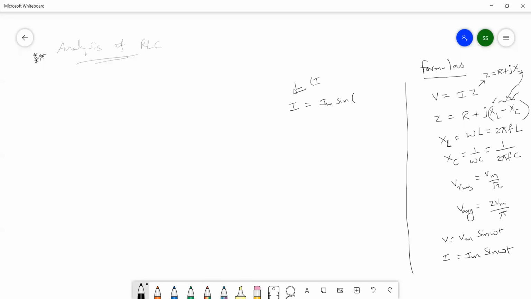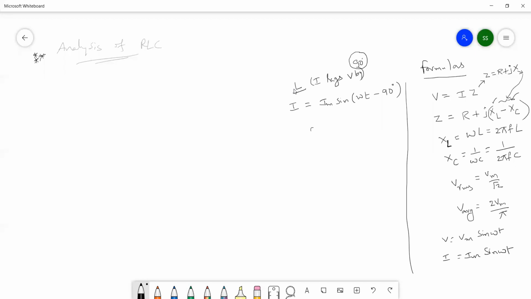I lags V by, for a pure inductor, 90 degrees. We know the equation is I equal to Im sin omega t, but since it is an inductor, it should maintain an angle lag of 90 degrees. Lag means downward, that is minus 90. The equation now changes to sin of omega t minus 90.